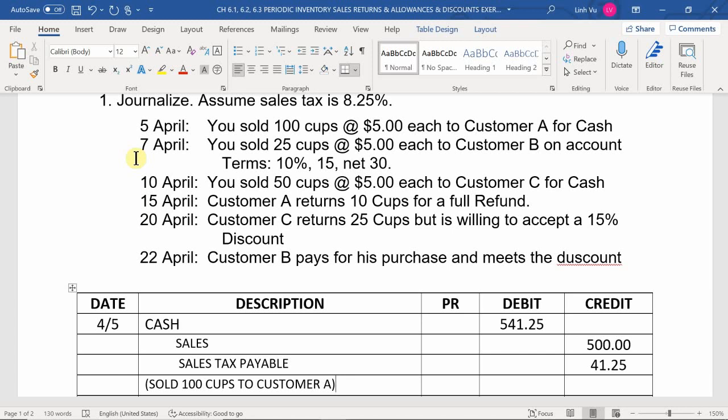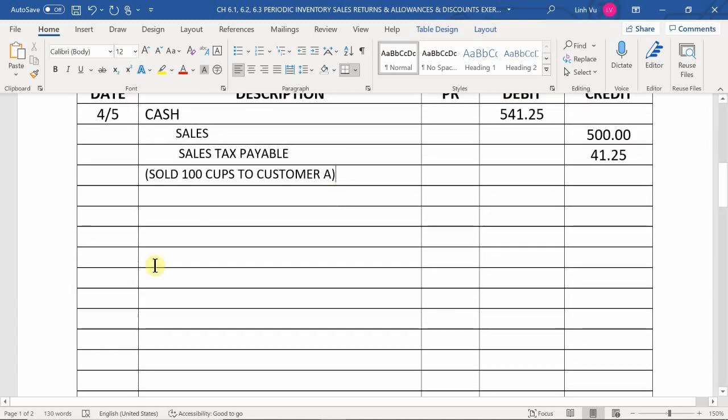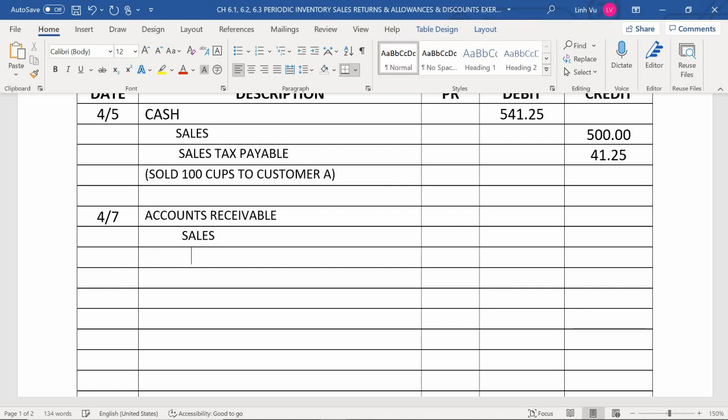So I sold 25 mugs at $5 each to customer B on account. Accounts receivable. Sales. Sales tax.